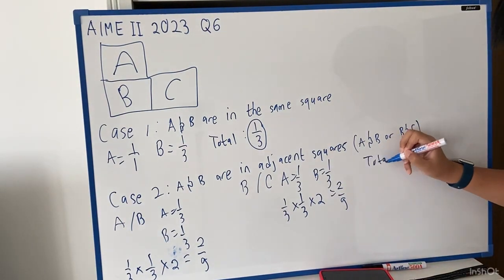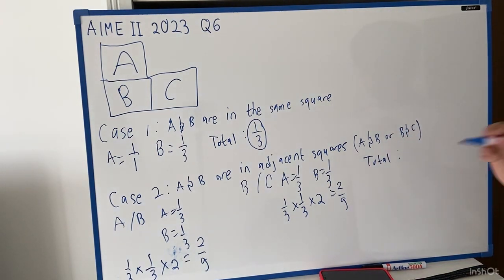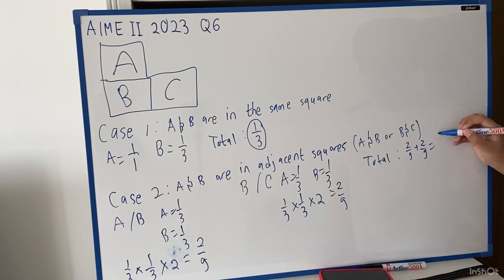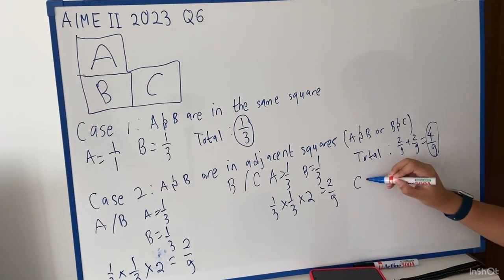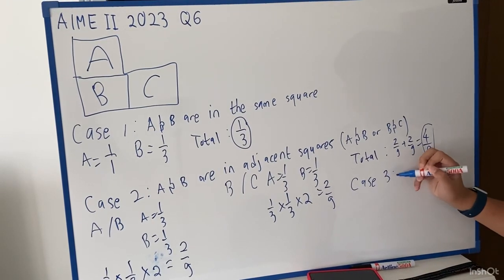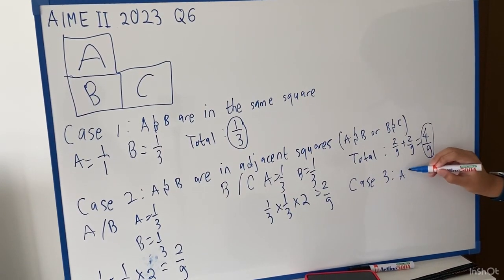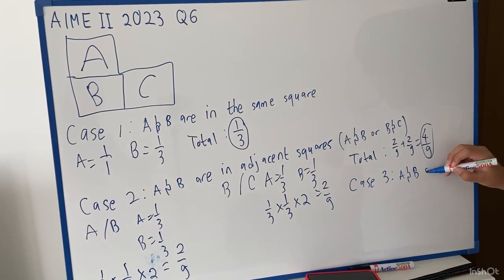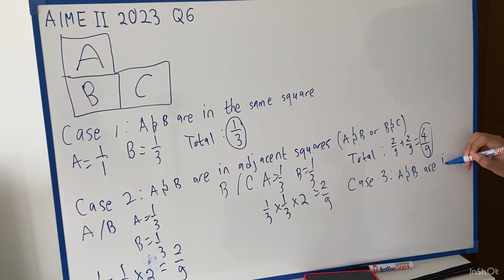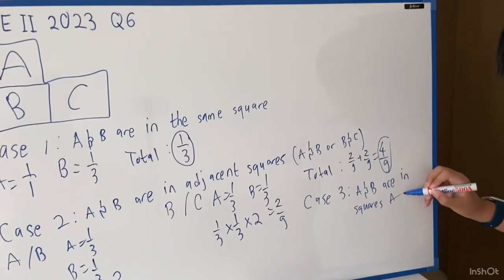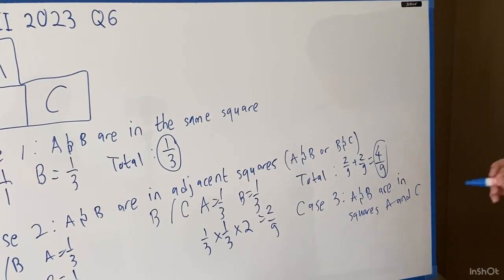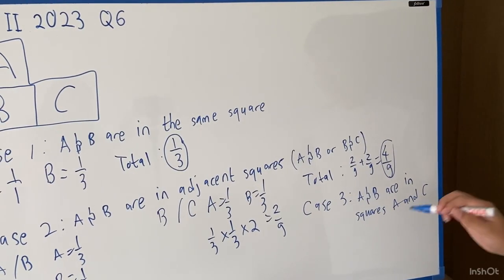Therefore the total for this case will be 2 over 9 plus 2 over 9 equaling 4 over 9. Okay, and then there's one last case. A and B are in squares A and C. Which we're gonna find out later.